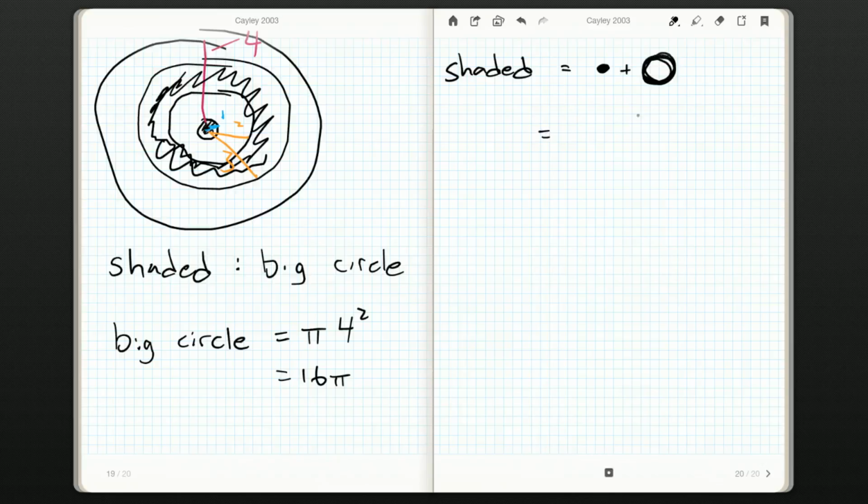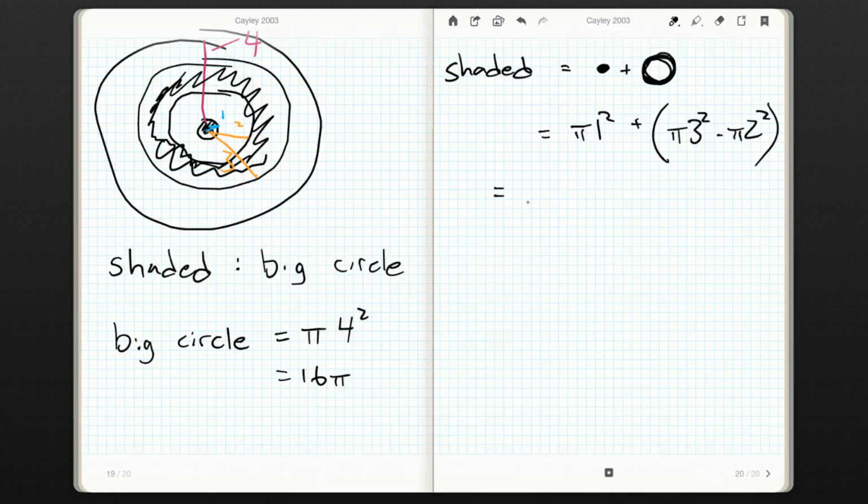Well, the inner dot has an area of pi r squared, where r is the radius, so that's going to be 1. And now the ring is basically the bigger of the two circles, the one with a radius of 3, minus the area of the smaller circle that we cut out, which is 2.